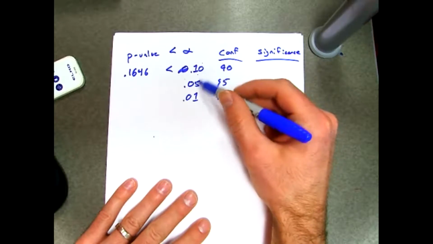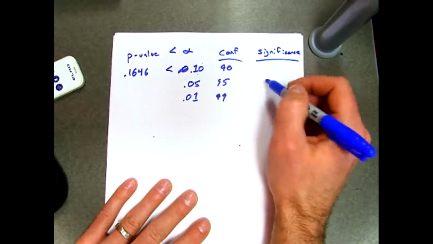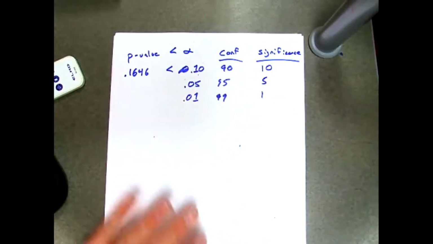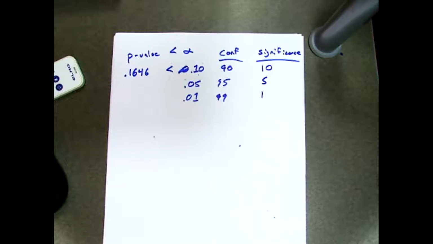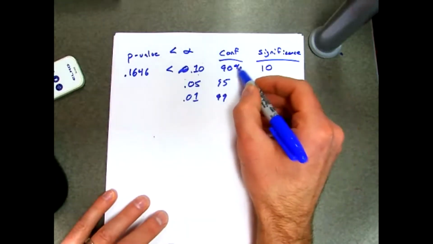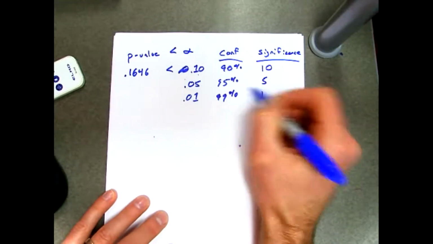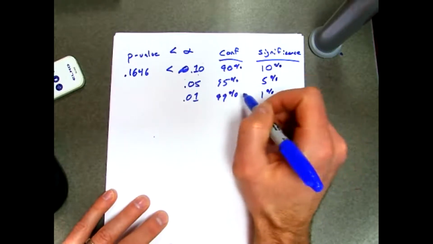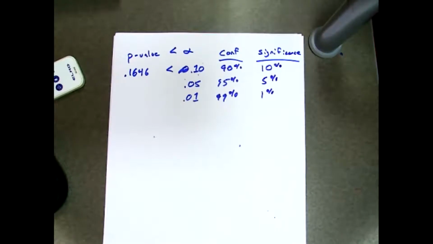We can also say it a slightly different way, which is we reject at certain levels of significance. And the significance levels are just basically the percentage form of alpha, right? So 10, 5, 1, you think about all of these as percentages. Okay? So the 10, 5, 1% significance levels correspond to the 90, 95, 99% confidence levels.